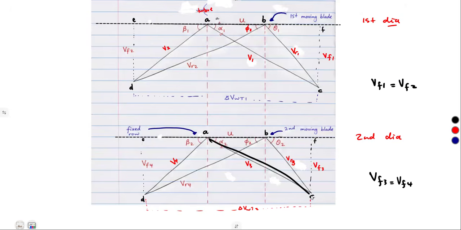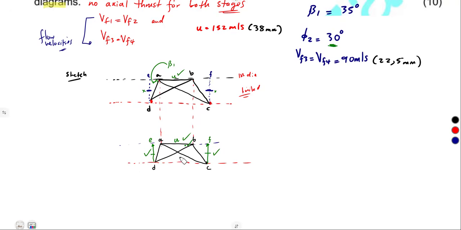Remember, this will be V3 and this will be our VR4. We do not have those ones. So what we can do is to find B to D, which represents VR4. You can work that out from triangle BED.